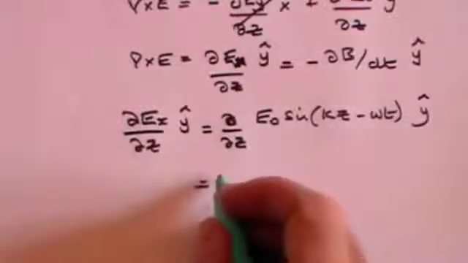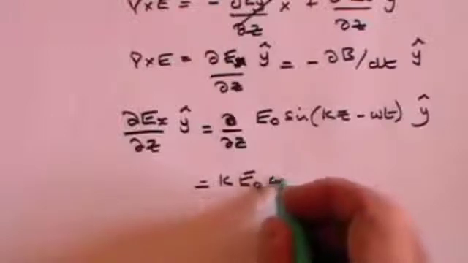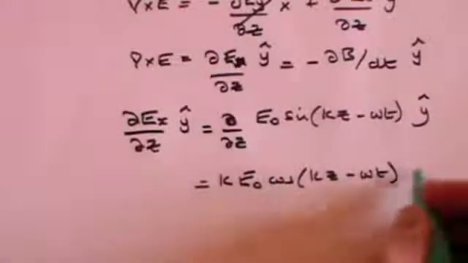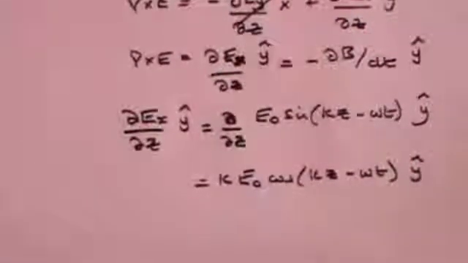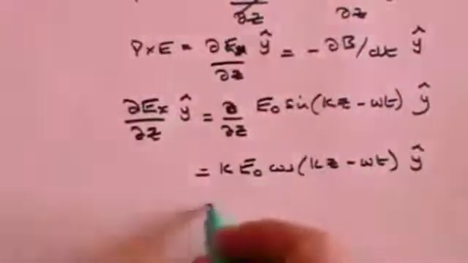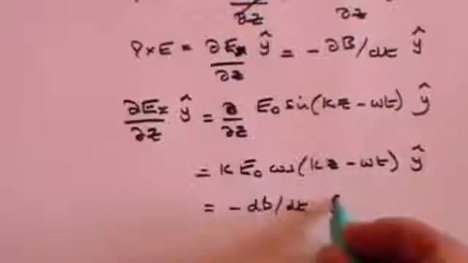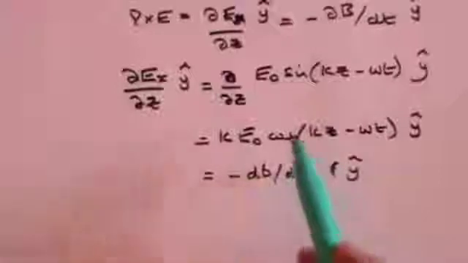So this becomes k E0 times the cosine of (kz minus omega t) in the y direction. And that of course equals, from here, minus dB by dt in the y direction. So this term equals this term.